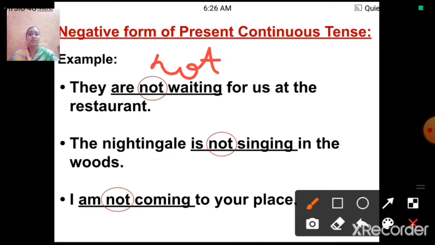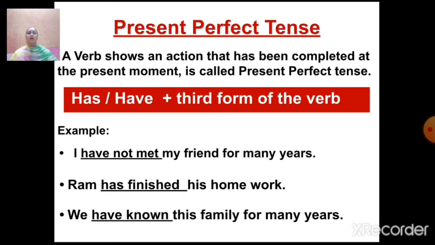Now, let us move ahead and understand present perfect tense. A verb shows an action that has been completed at the present moment is called present perfect tense. That means the present perfect tense refers to actions that indicate a link between the present and the past.